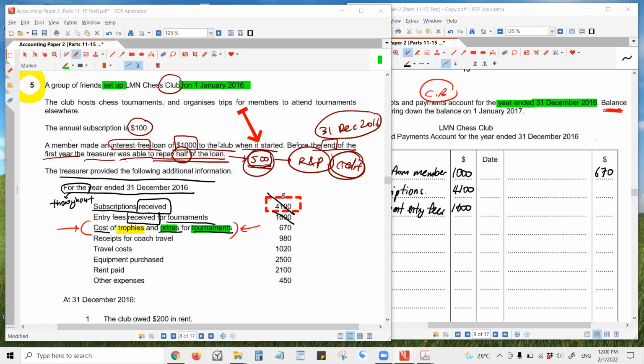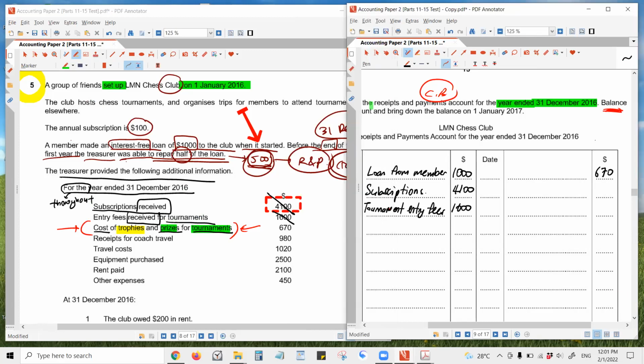One of you suggested cost of awards. Try to use the terms described in the question instead. Try not to come up with our own terms, as the examiner may not accept. Better to use the terms that they have given. We just copy and paste tournaments, prizes, and trophy.